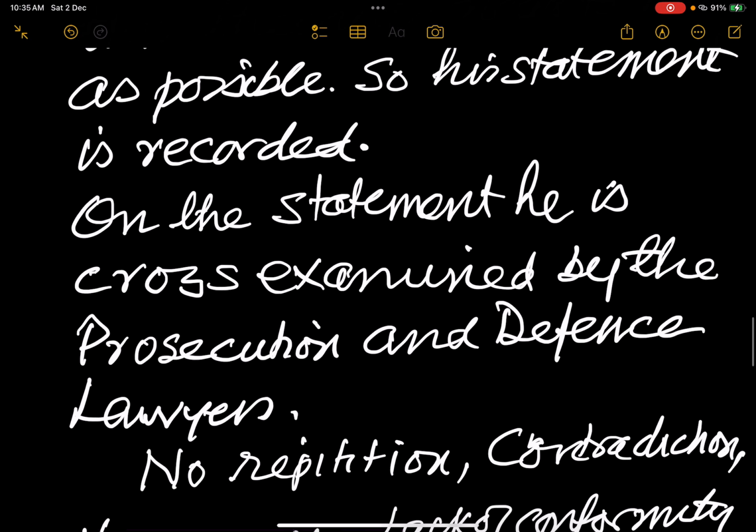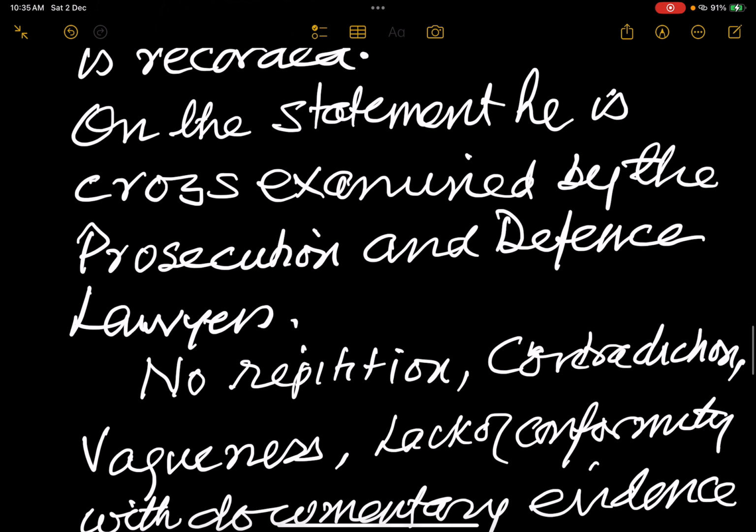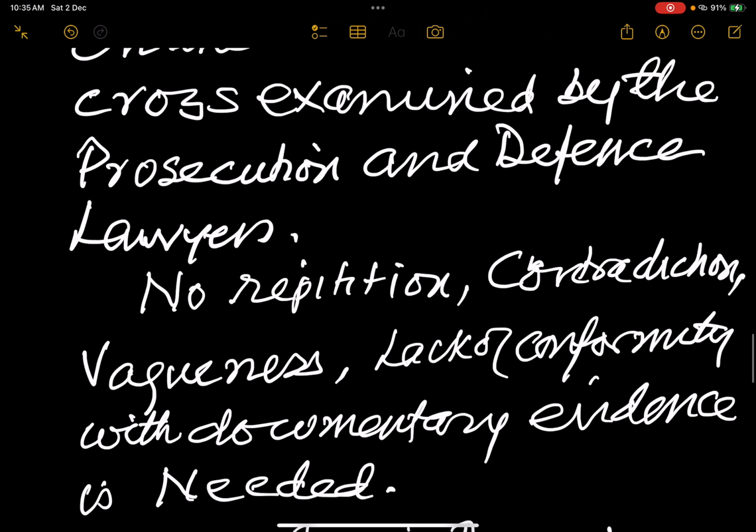On the statement, he is cross-examined by the prosecution and the defense lawyer so that the statement becomes accurate. When you are giving a statement in court, there should be no repetition, no contradiction, no vagueness, and no lack of conformity with documentary evidence.